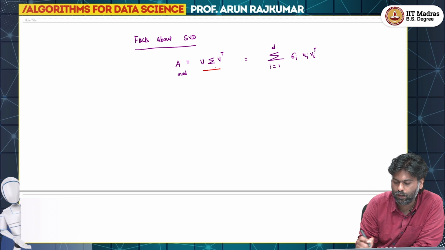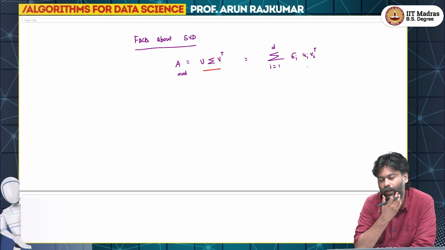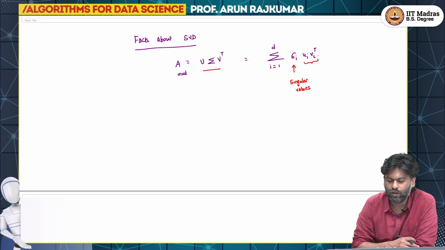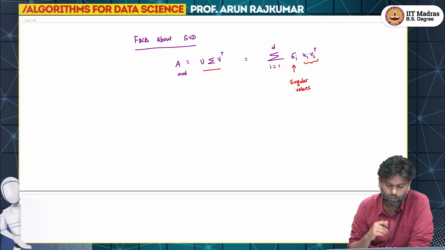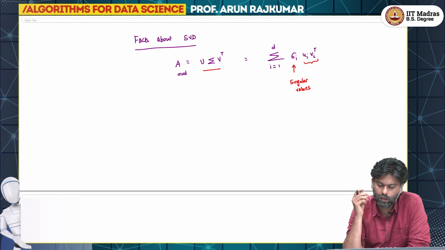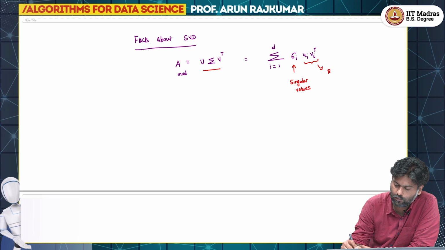Now this product can be rewritten like this, where these sigma i's are our singular values, and Ui Vi transpose is a rank 1 matrix.